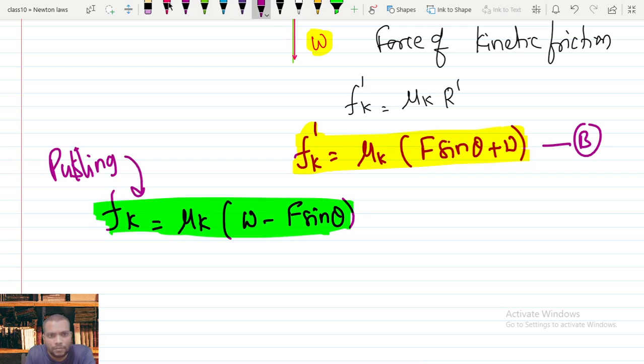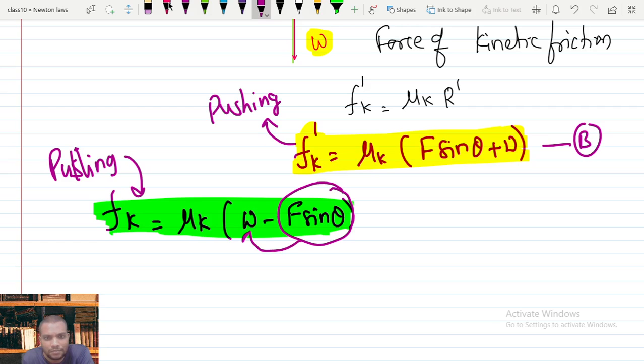This is pulling and this represents pushing. In the pulling case, the friction force F_k has a negative F sin theta, so F sin theta is subtracting from the weight term. If it is subtracting from weight, obviously the F_k value decreases. So in the pulling case, the friction force is less.